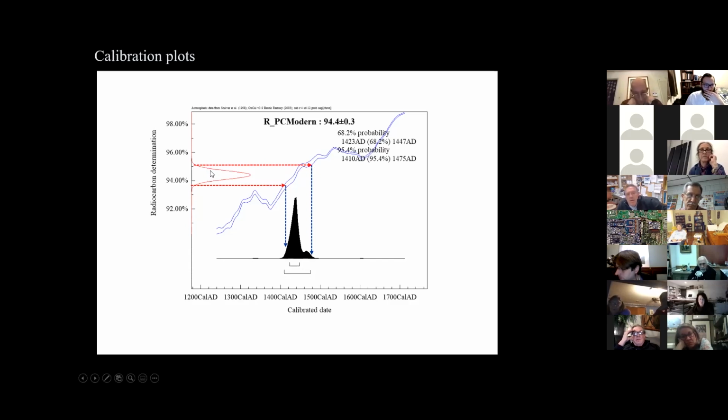And traditionally or conventionally, we quote our ages at the level of plus or minus 2 standard deviations from the mean. And when you quote a range that's 2 standard deviations from the mean, by definition, you're quoting 95% of your measurements. So there's a 95% chance in this measurement that the true value, the true radiocarbon content of the sample, falls somewhere between these two bounds.